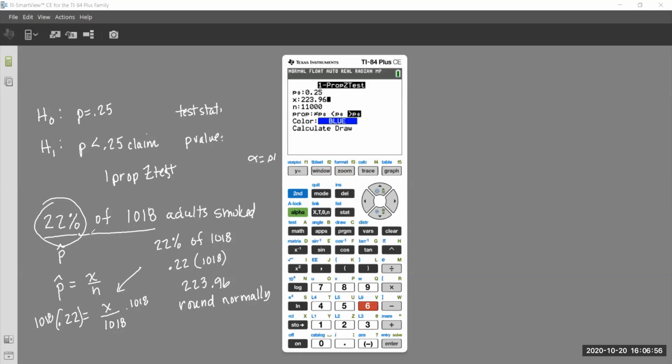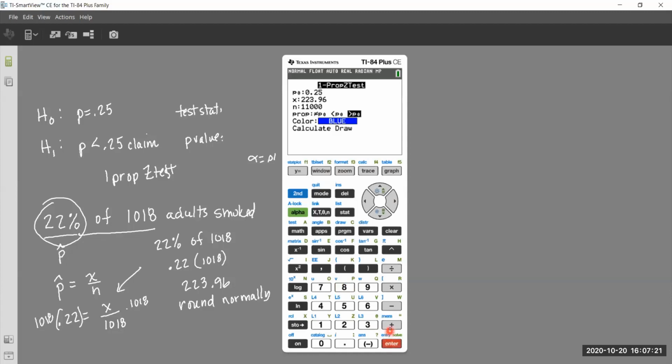Let me show you something else that's kind of cool. See that 223.96? You could figure it out by hand over here. Or, let me show you this. This is pretty cool. You can do 0.22 times 1018 right there in your calculator screen. So you don't have to exit this screen.